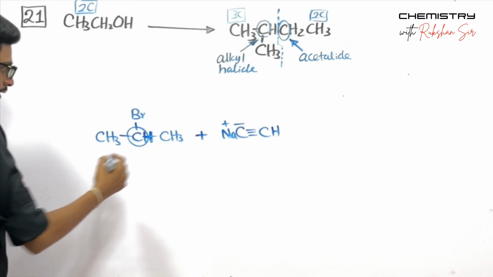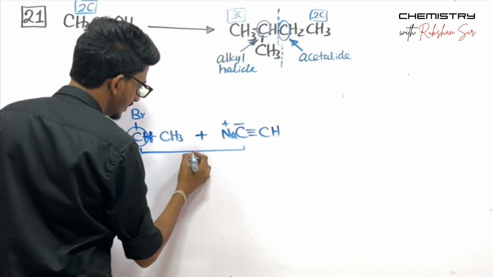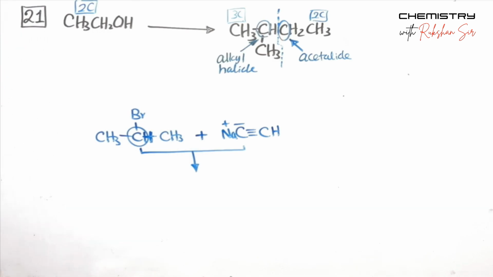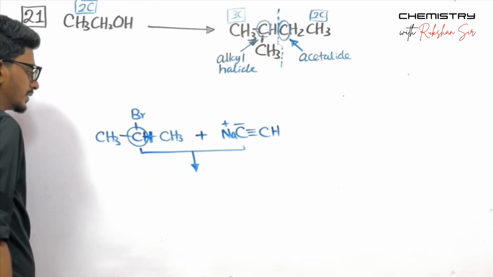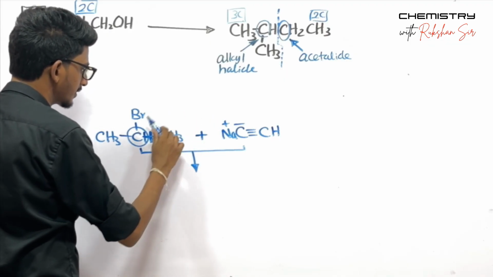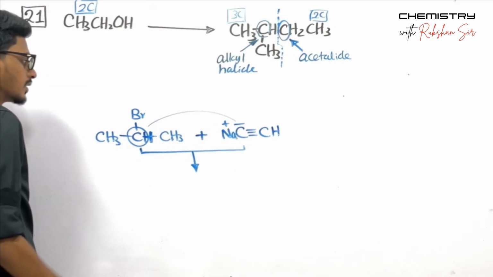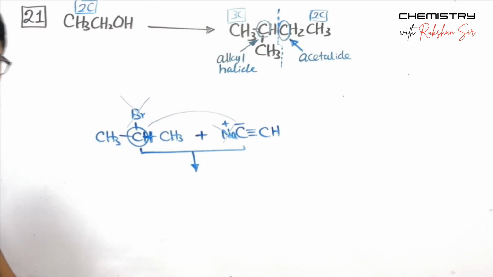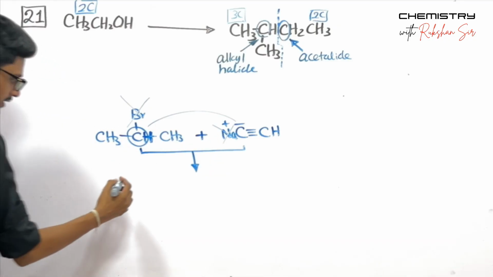Okay. When we now connect, you will get the correct carbon skeleton. So these 2 guys will connect, and these 2 things will leave. Alright. So what are we doing?